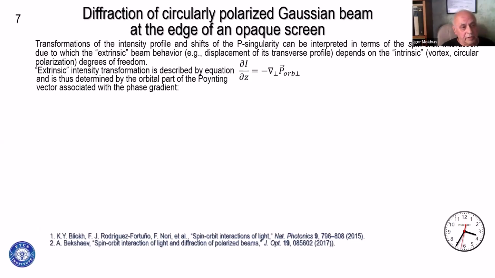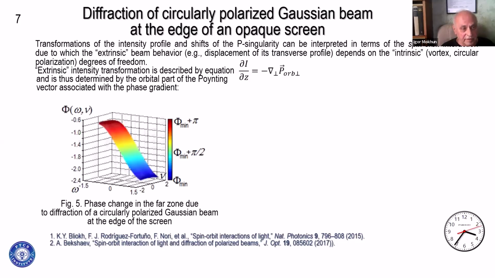The shift of the P singularity can be interpreted in terms of interaction between intrinsic vortex circular polarization and extrinsic transverse intensity displacement degrees of freedom of the light beam, the so-called spin-orbit interaction. Note, for the circularly polarized Gaussian beam, the orbital component is zero in the plane before the screen. The non-zero orbital component of the Poynting vector appears only after passing the screen.